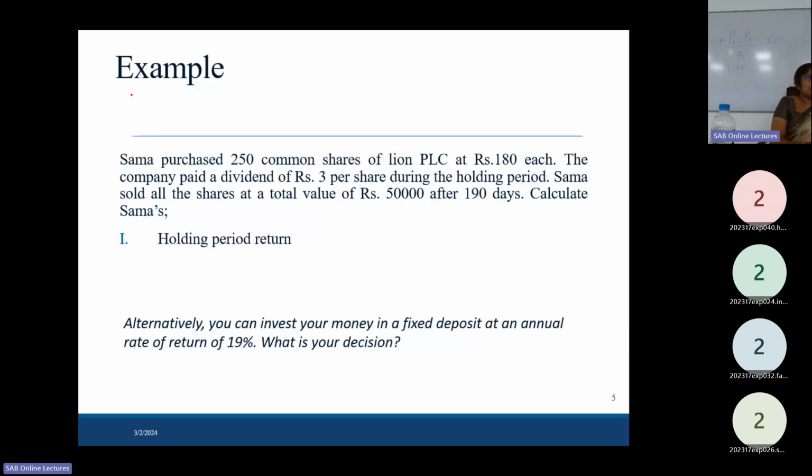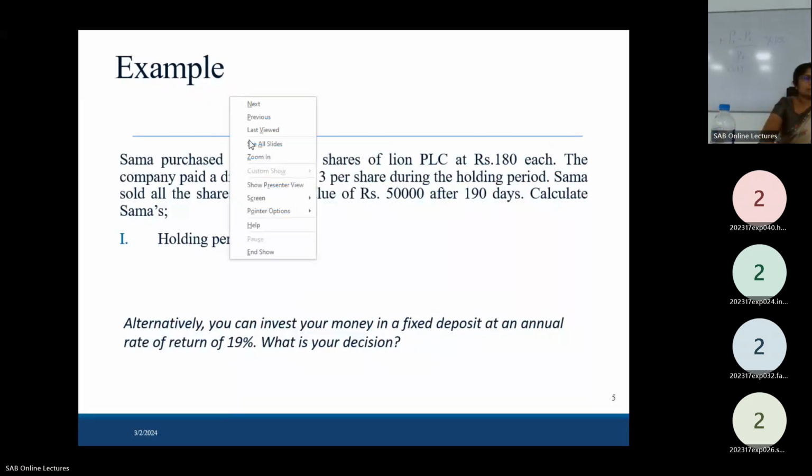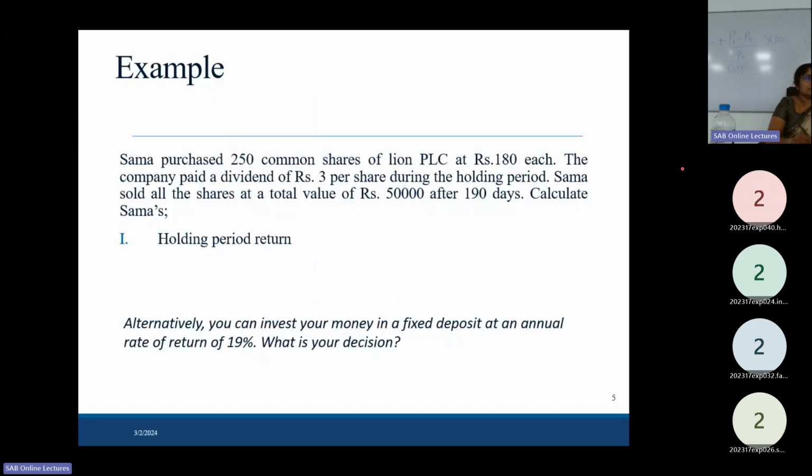Holding period return is equal to dividend per share divided by P0, plus capital gain yield, P1 minus P0 divided by P0.